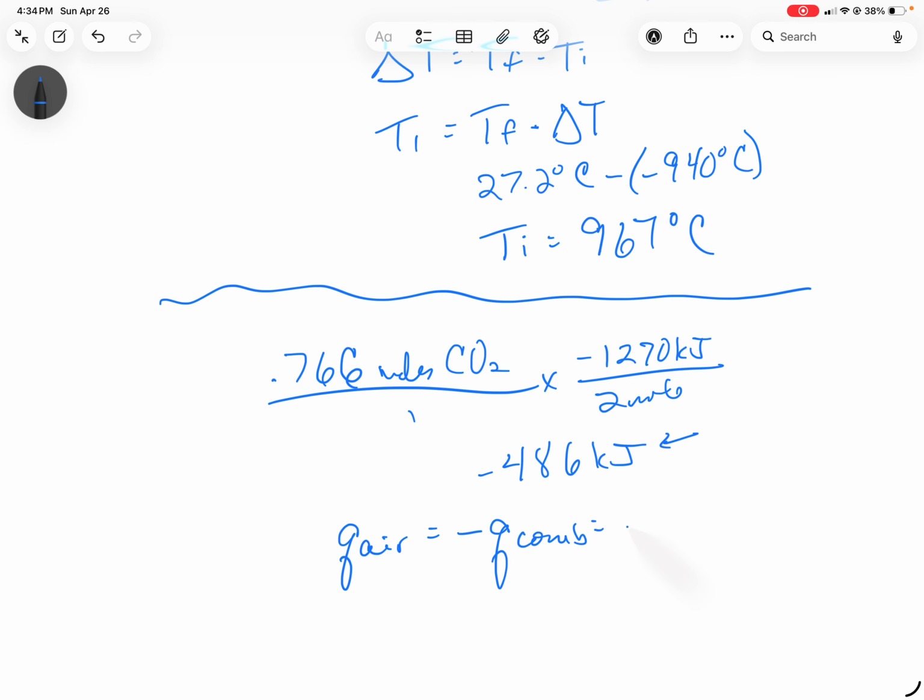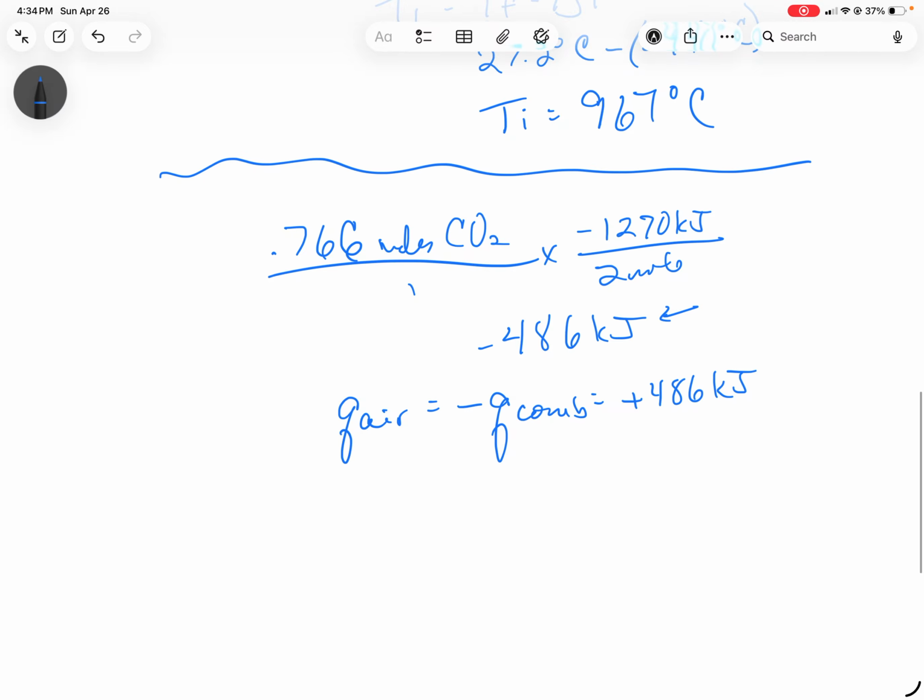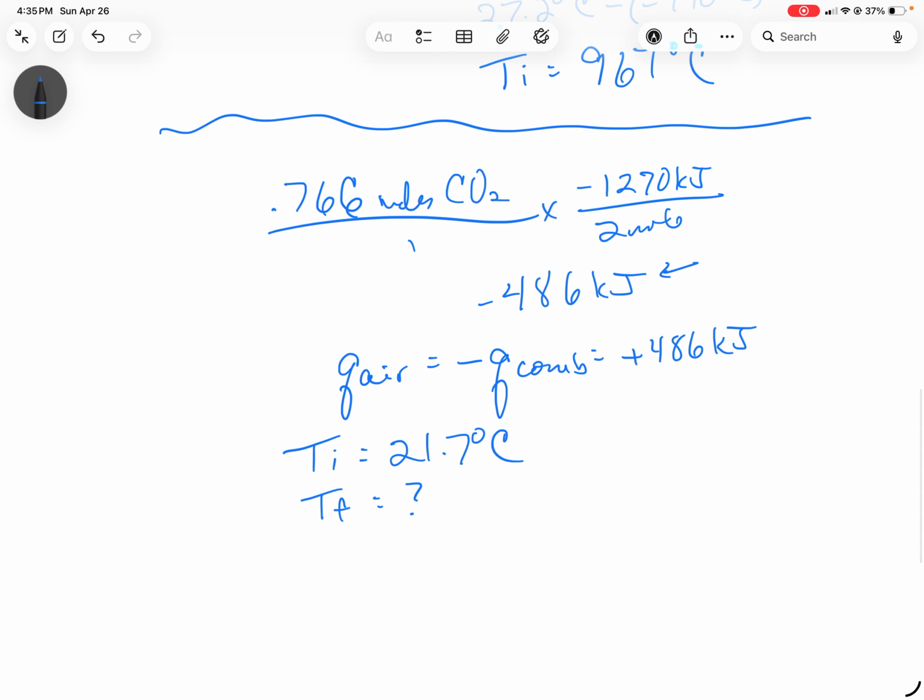So that meant that the air gained 486 kilojoules of heat. Okay, so I think they gave you an initial temperature of 21.7 degrees C for the air. They were asking for T final for the air. They had some really huge amount of air, it was 5 point something times 10 to the 4th.